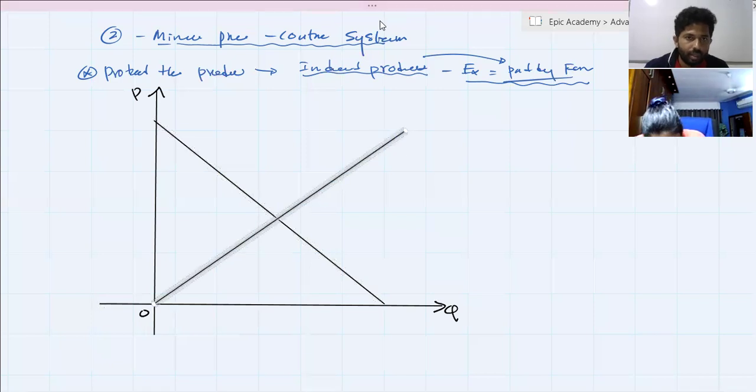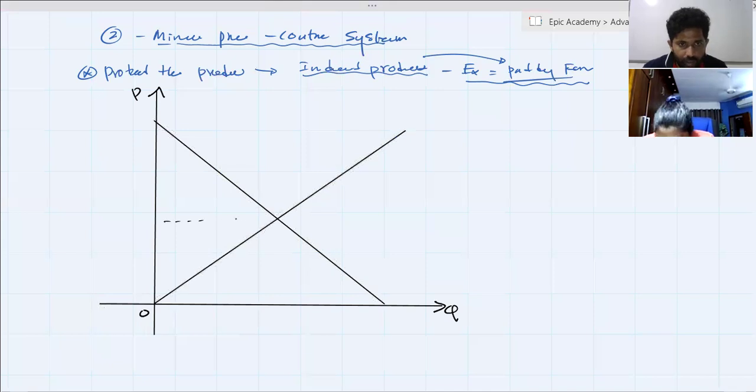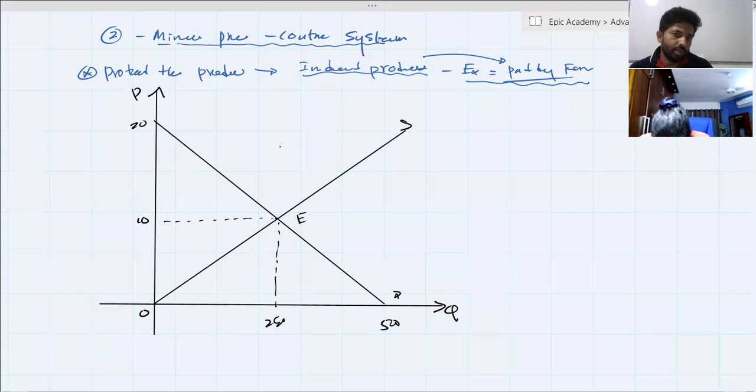Now the equilibrium price is here and the equilibrium quantity is here, just 20 rupees and 10 rupees. This is the equilibrium, this is supply and this is demand, 500. So 250 is the equilibrium quantity.